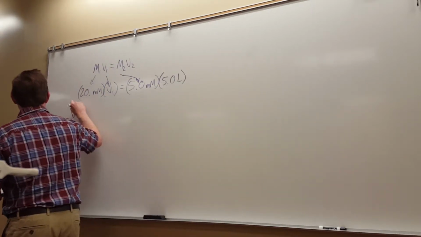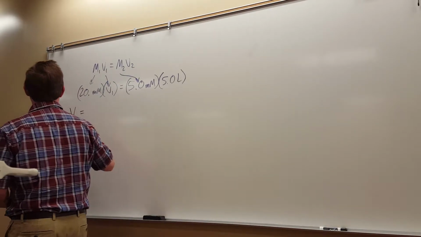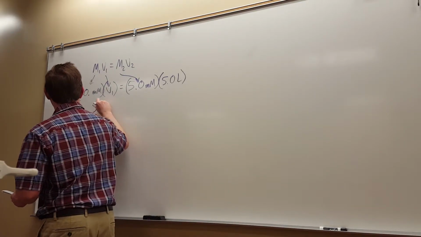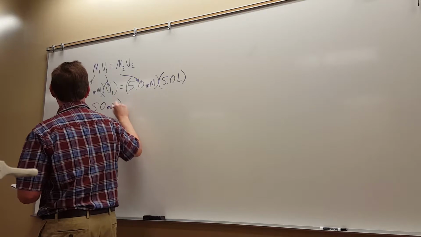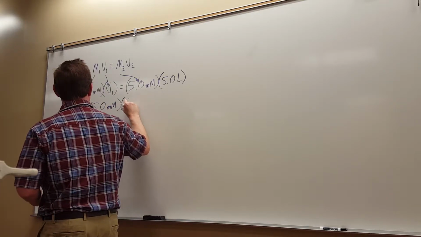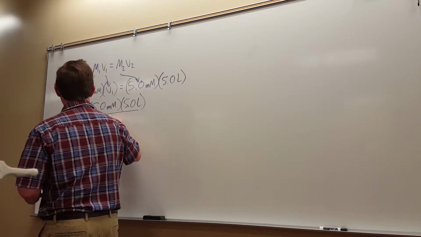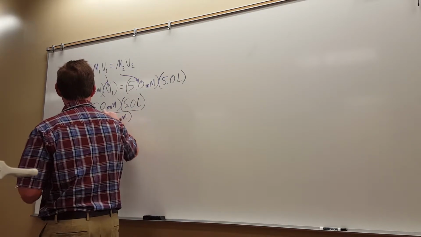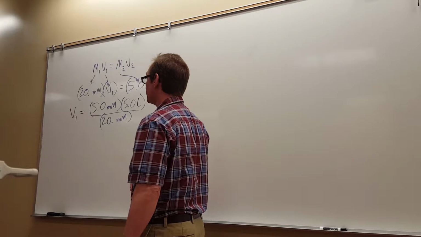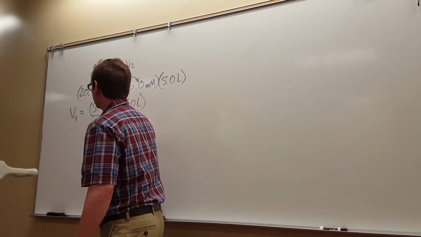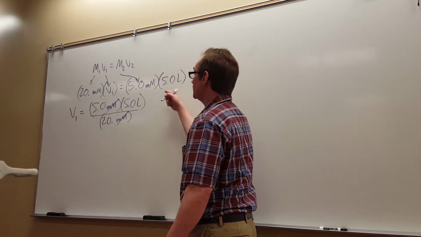So the volume of stock that we need is going to be V1, 5.0 millimolar times 5.0 liters divided by 20 millimolar. The millimolar units will cancel, so we don't have to convert these into molarity.